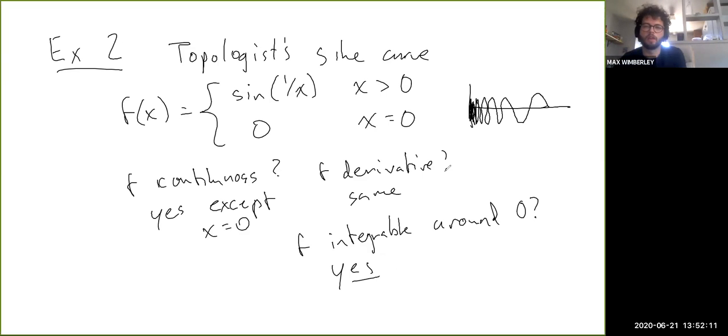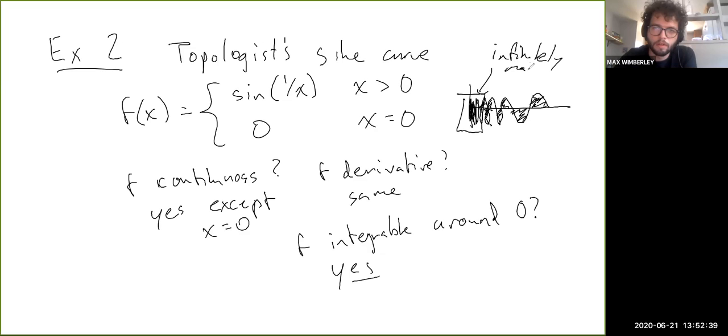And really it boils down to, if you just want to think about it intuitively, integrating this function is kind of like taking the areas under these different humps here and adding them together. So as you get towards 0, there are infinitely many arches in that little region.